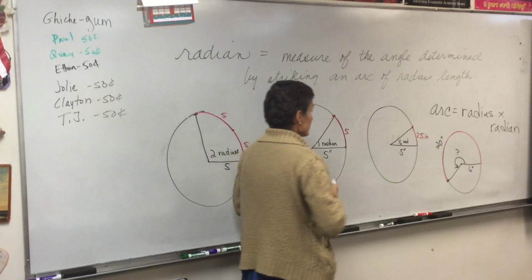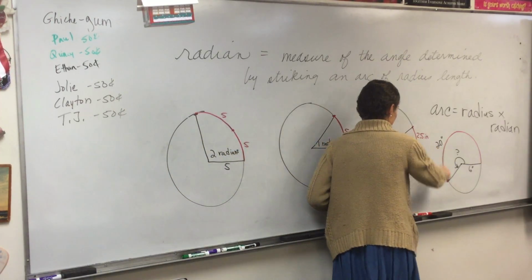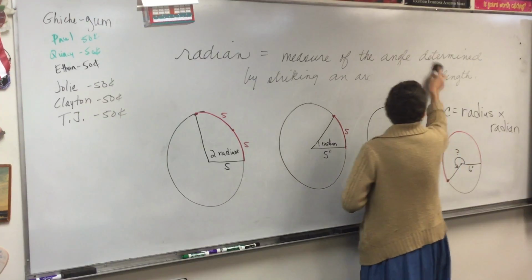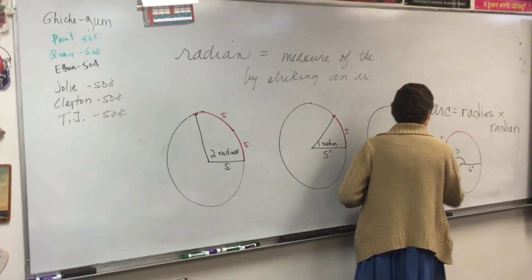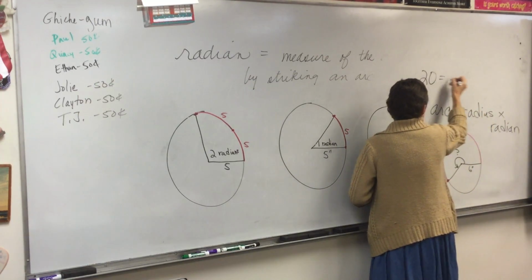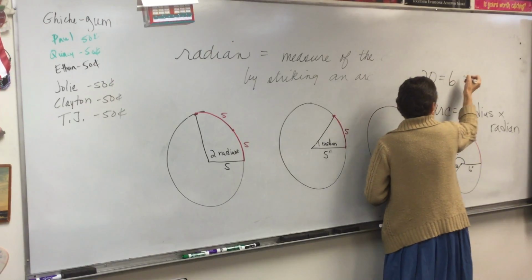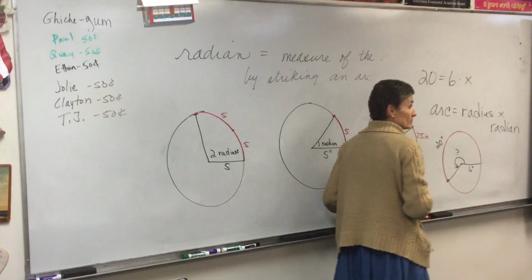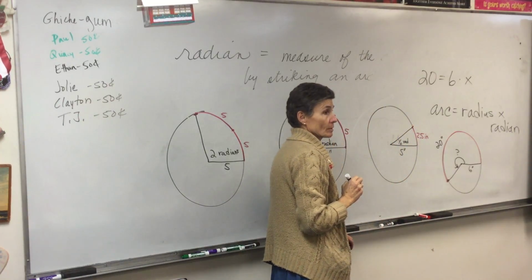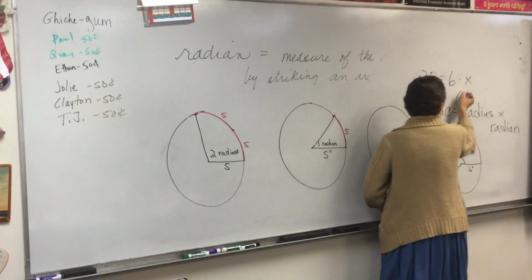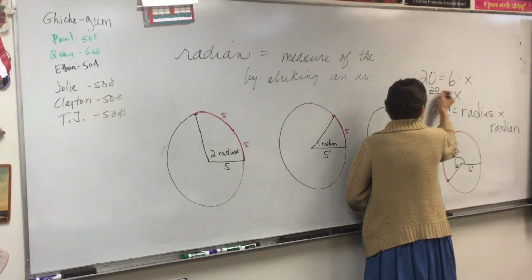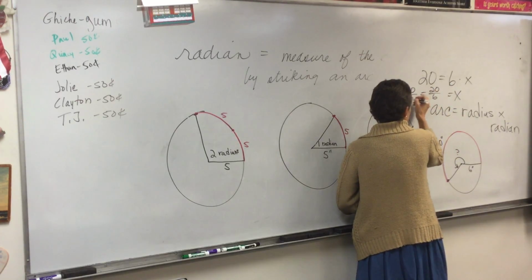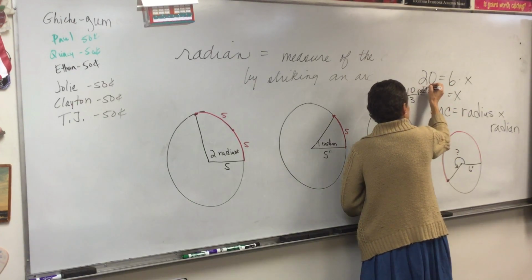You could, because you know that arc length equals what? Arc length equals radius times the radian measure of the angle. So how big would that angle be? 20/6 or 10/3 radians.